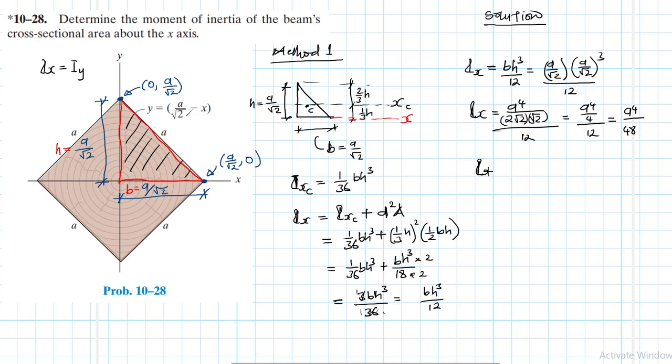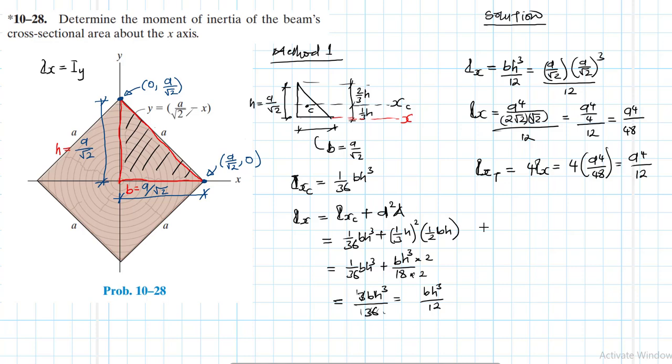The total moment of inertia will be equal to 4 times a to the power 4 divided by 48. The 4 cancels, there is a 1 and a 12, therefore the moment of inertia will be a to the power 4 divided by 12. Is that fine? So that is the total moment of inertia.